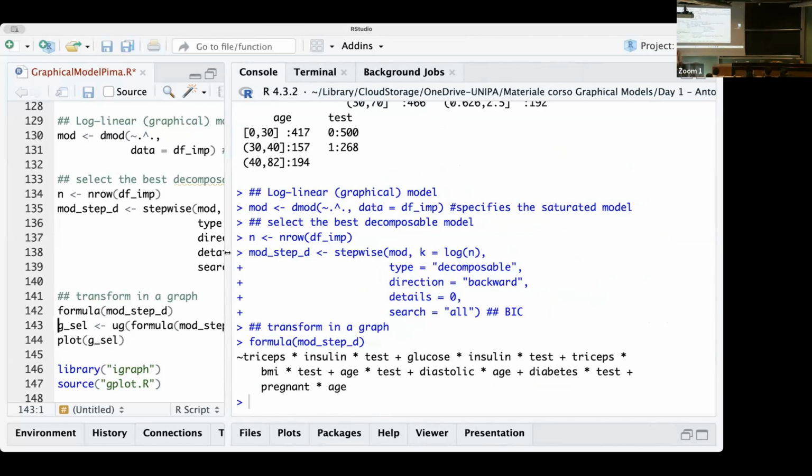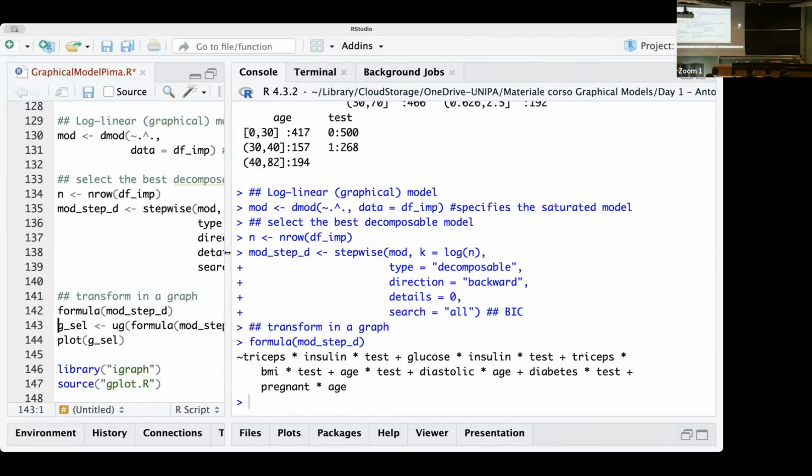These are the generators of our model and also the cliques, because we said that they correspond. So if you want, you can put this formula in a GLM, or you can build a graph.